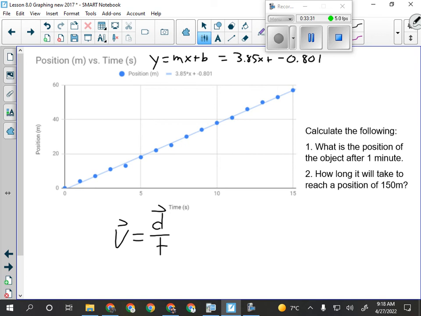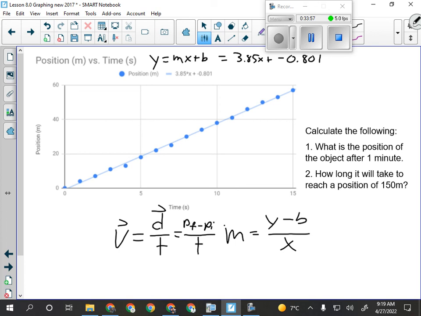Displacement is your change in position. So when we're looking at this formula here, here's what we're really looking at. This is the same formula, because the way we calculate velocity is final position minus initial position divided by time.